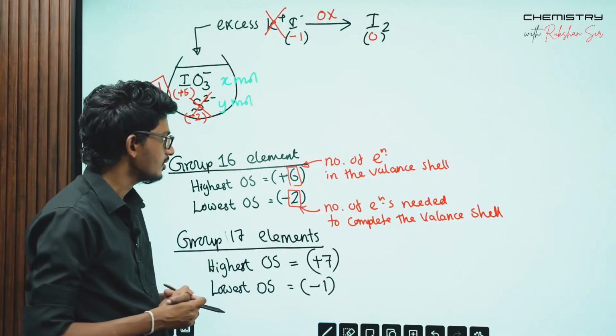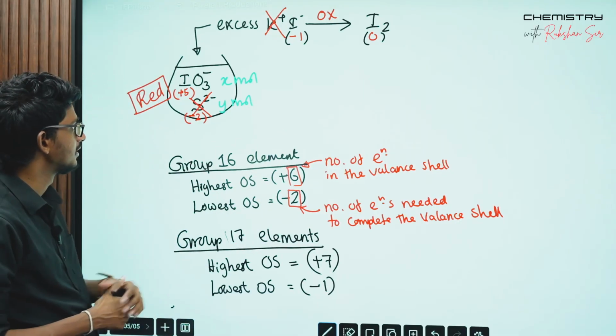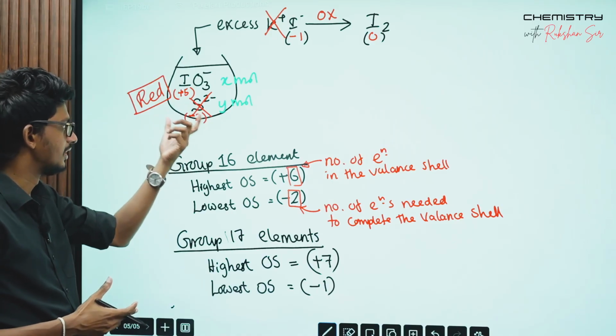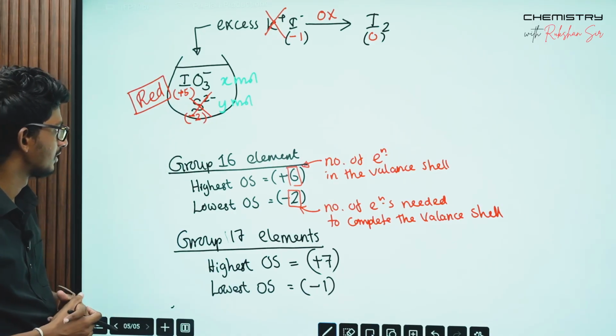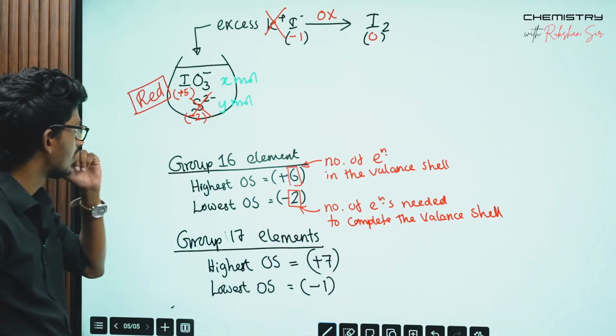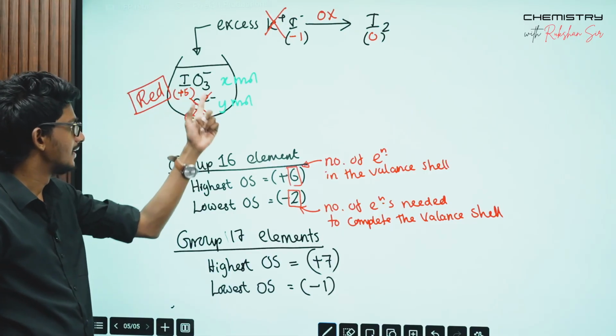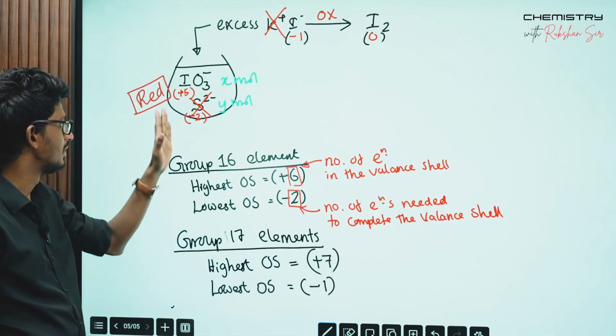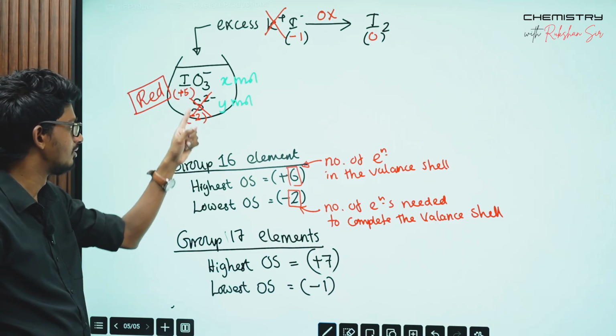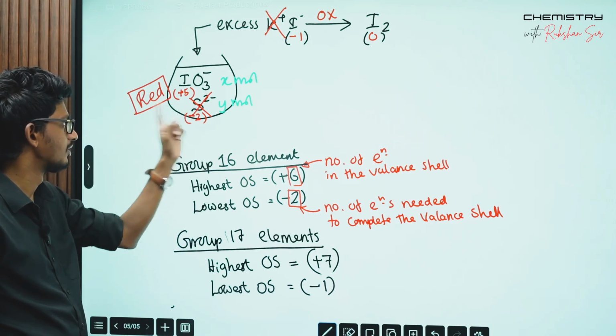Okay, so you can use these ideas here to identify which species is to react and which is not. With sulfur as a group 16 element, its lowest oxidation state is -2. If you are with the lowest oxidation state available, you can't get further reduced, right?